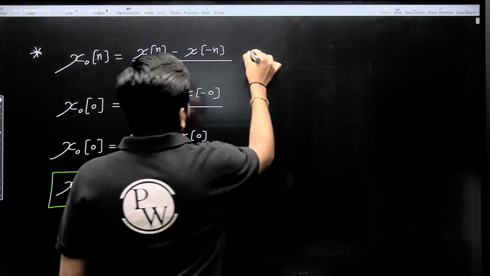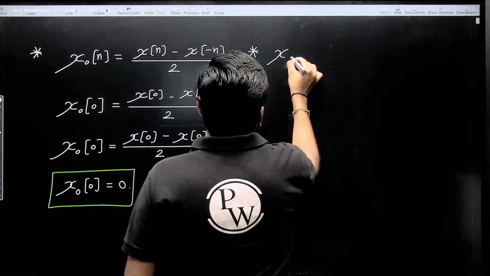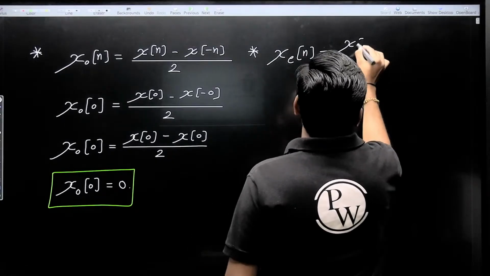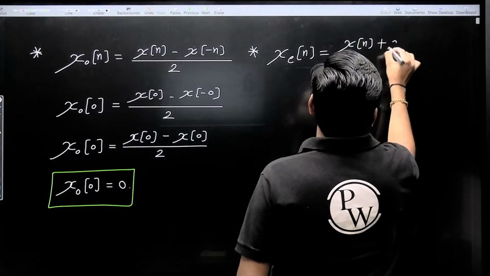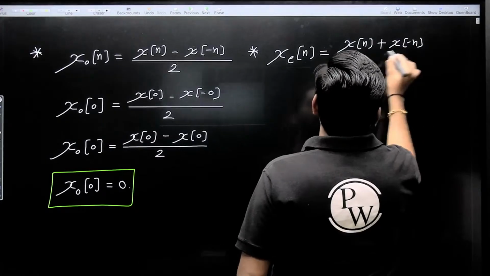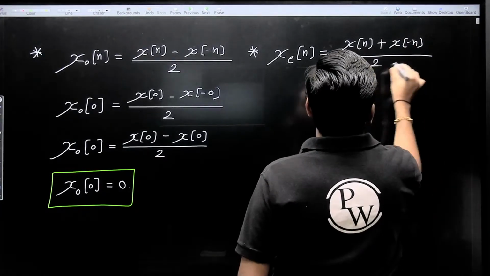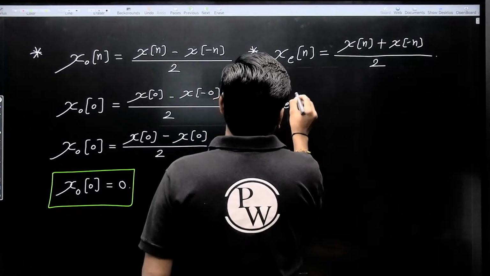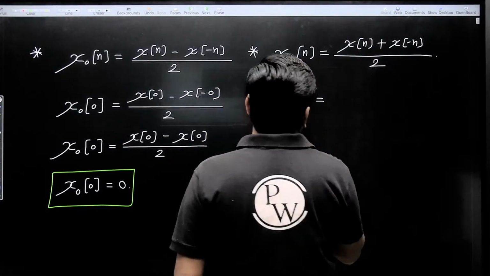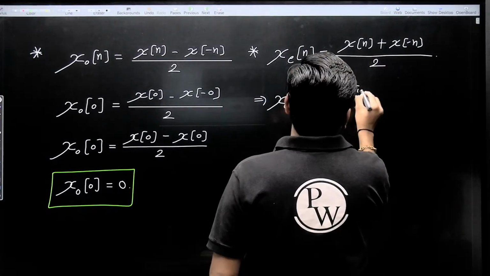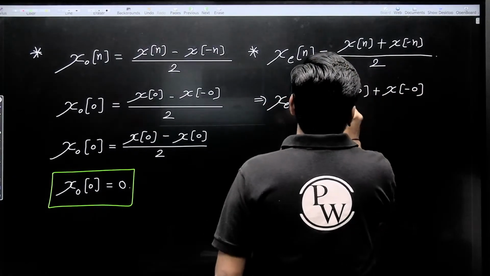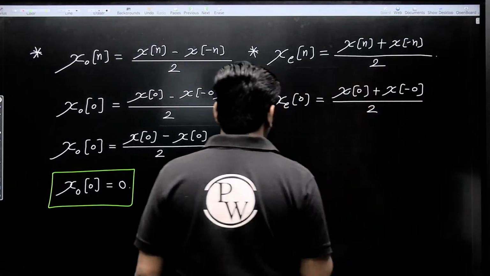What about for the even signal? The even signal x e of n is x of n plus x of minus n whole divided by 2. We want to calculate amplitude at origin, n equal to 0: x of 0 plus x of minus 0 whole divided by 2.